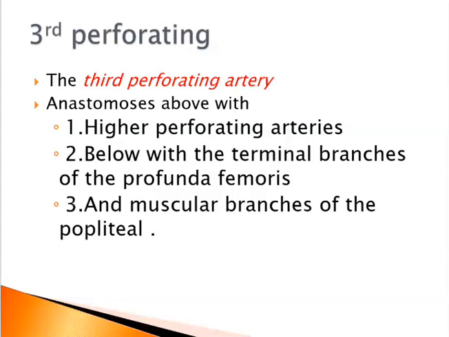Apart from that, it also anastomoses with the muscular branches of the popliteal artery. So the third perforating artery anastomoses with the higher perforating arteries, the terminal branch of profunda femoris, and the muscular branches of the popliteal.